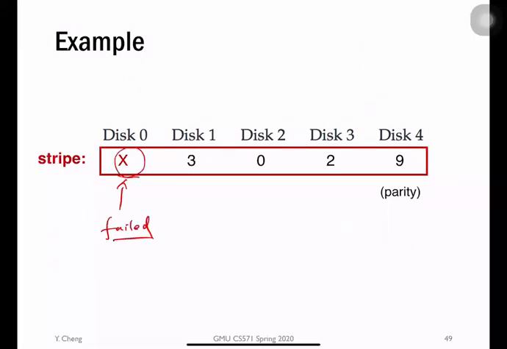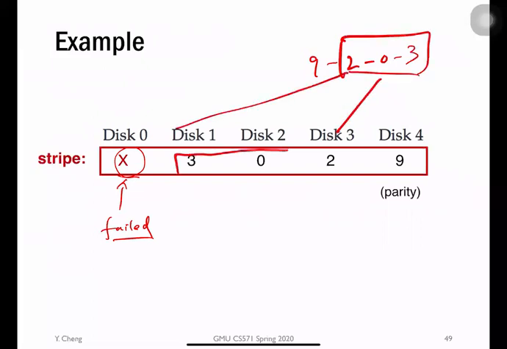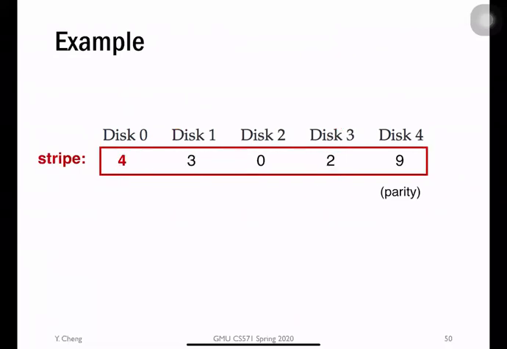So the data chunk stored within disk 0 gets lost. We could simply apply this equation: 9 minus 2 minus 0 minus 3. These 3 are the available existing data chunks. That calculates to 4, so we use this 4 to recover the lost data. So 4 it should be. This is how you use this binary operation, the parity calculation, to add a little bit more computation overhead.